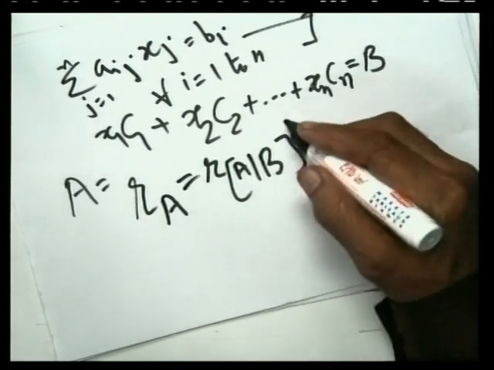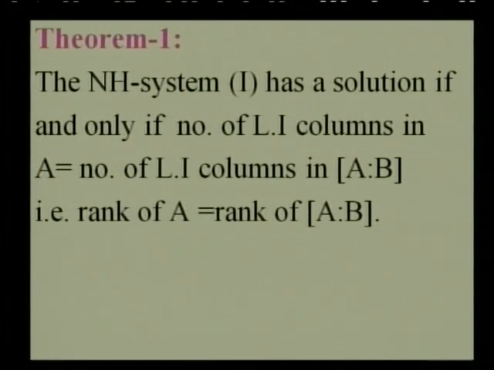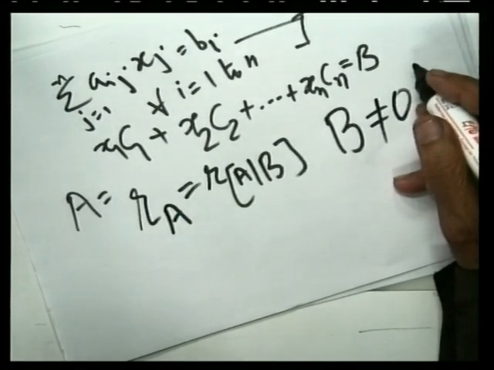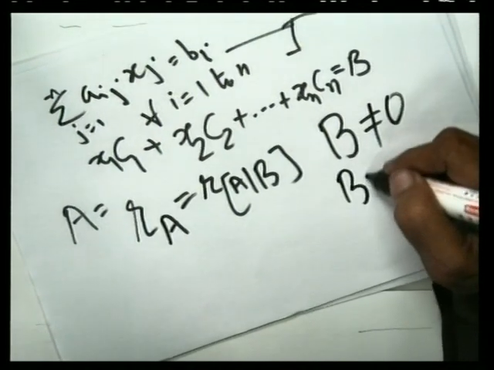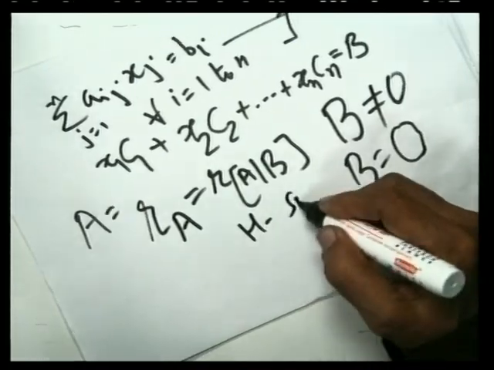So if rank of A equals rank of the augmented matrix AB, then the system has a solution. Here, if b, the column of constants, is not 0, then it is called an NS (non-homogeneous) system of equations, and if b equals 0, then it is called an S (homogeneous) system of equations.